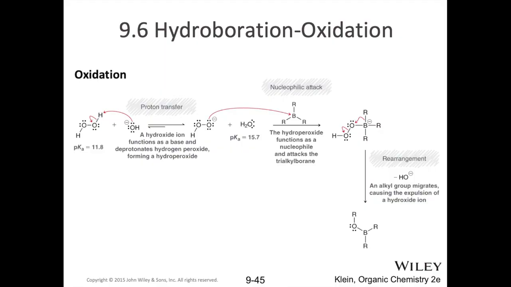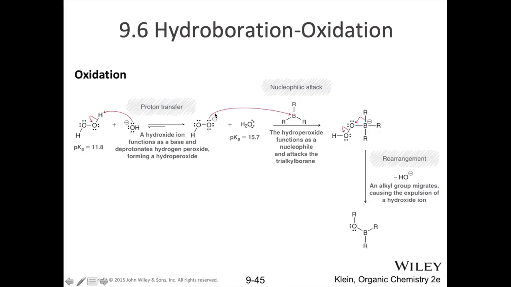Okay, so once you've done your hydroboration step, we take this trialkyl borane, okay, and we're going to do an oxidation using hydrogen peroxide. Okay, so you take your hydrogen peroxide and you deprotonate it. Remember you're doing this in the presence of sodium hydroxide, which is a strong base. So it deprotonates your hydrogen peroxide, and you form hydroperoxide.